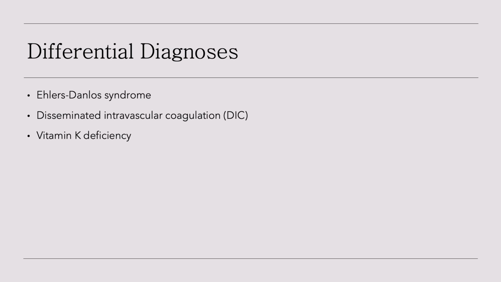Differential diagnoses for both hemophilia and von Willebrand disease include Ehlers-Danlos syndrome, disseminated intravascular coagulation, or DIC, and vitamin K deficiency.